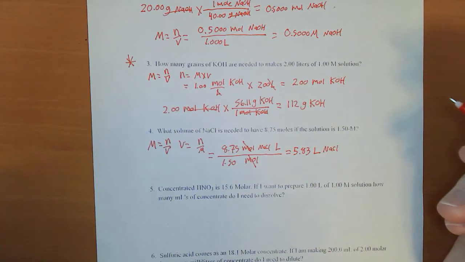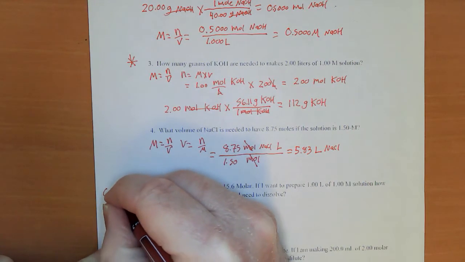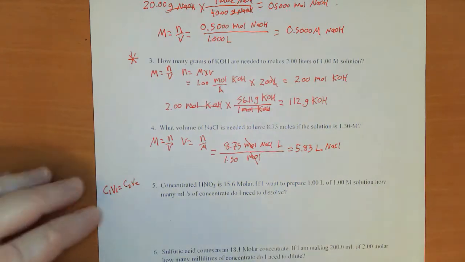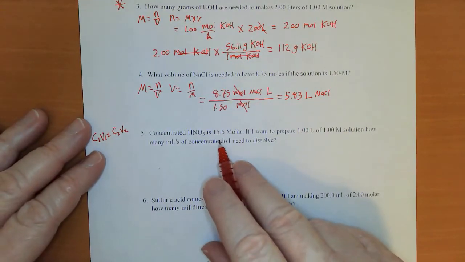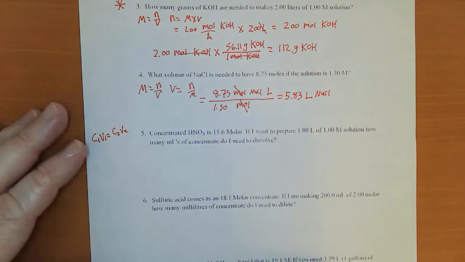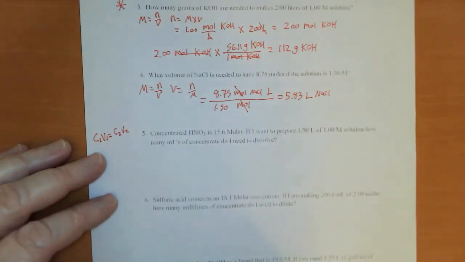Now we're down here to looking at some questions about dilution. And C1V1 equals C2V2. Okay? Now, concentrated nitric acid is 15.6 molar. If I want to prepare 1.00 liter of 1.00 molar solution, how many milliliters of concentrate do I need? Okay?